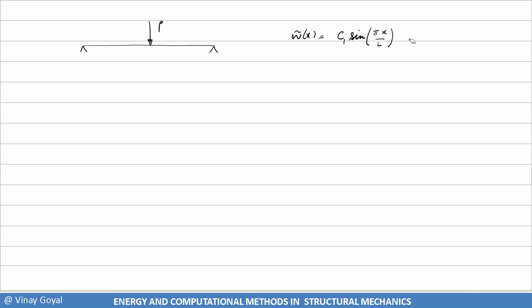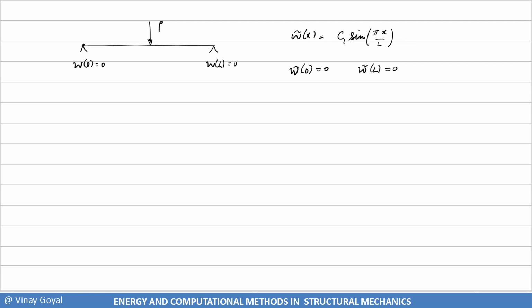This term works because W tilde at 0 is 0 and W tilde at L is 0. So it's a great approximation function because it satisfies the essential boundary conditions of this problem.